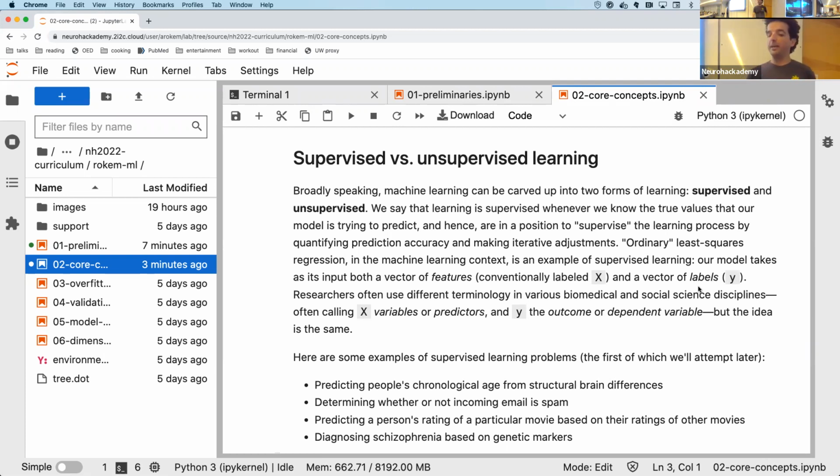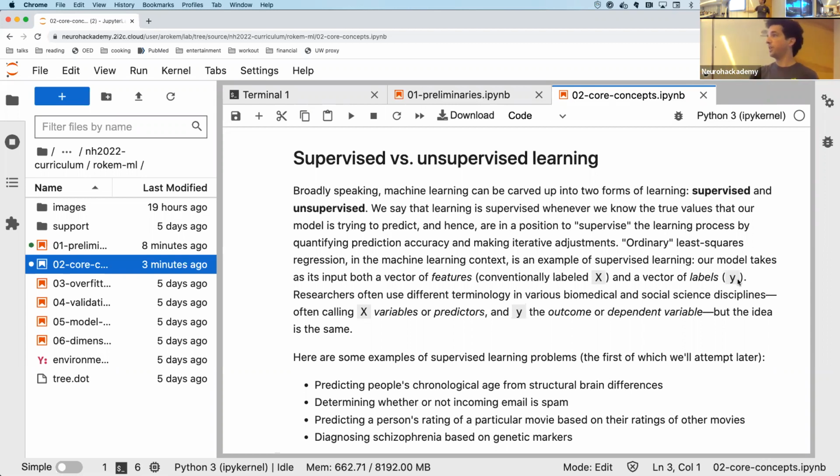We have a vector of labels, Y, usually a one-dimensional vector with n samples as well. So age is an n by one column matrix. And then we have, remember, n by p features, and p can be a large number.